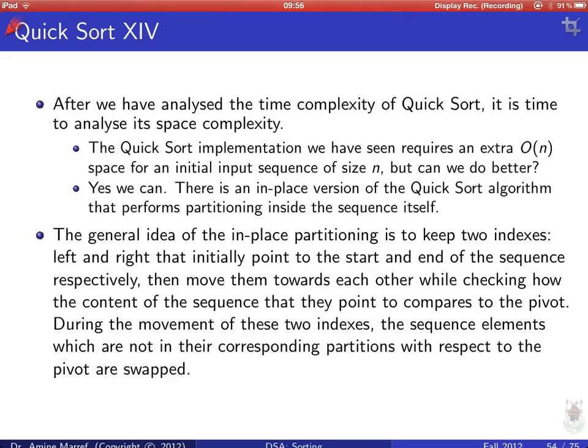So there is some displacement of elements to other sequences during the sorting, and this requires extra space. If we have 20 elements, we require an extra space of 20 elements when we do this kind of partitioning. So we have not solved the problem of space with quicksort yet.